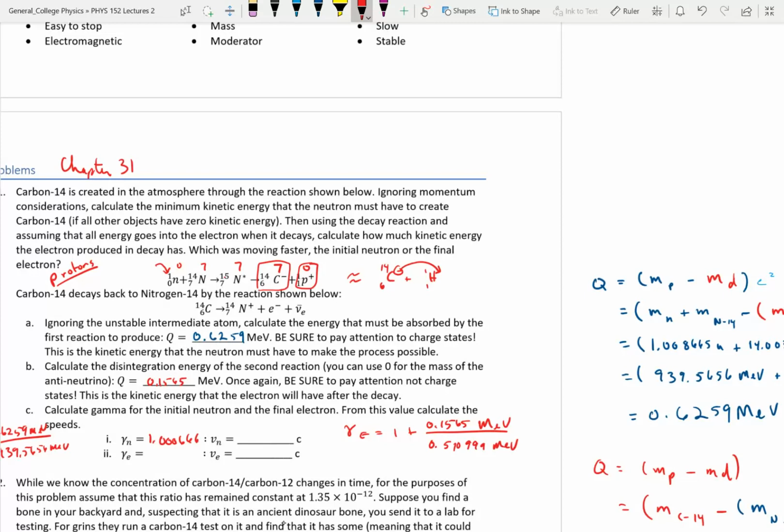That gives us the gamma for the electron, which is 1.306. There, I'll use the correct number of sig figs there. So that's my gamma for the electron.